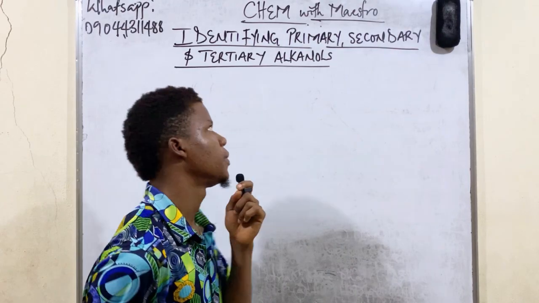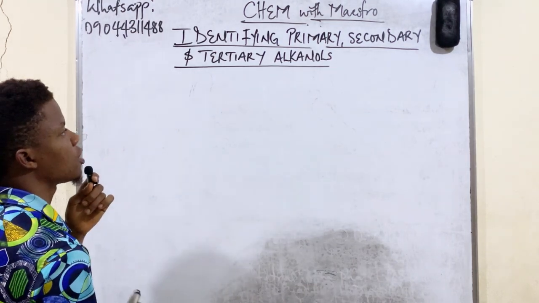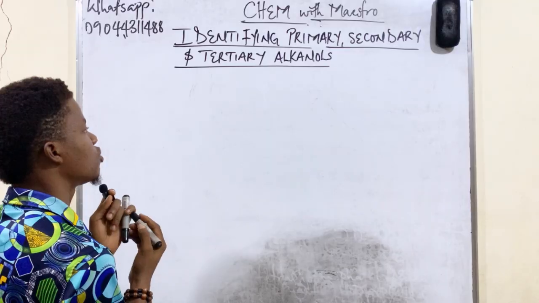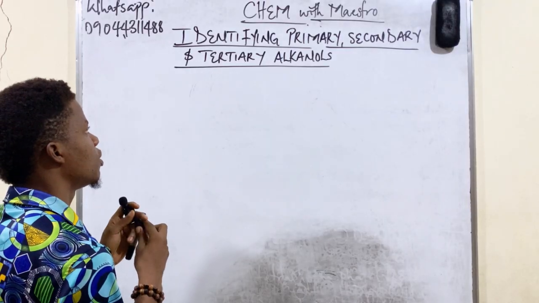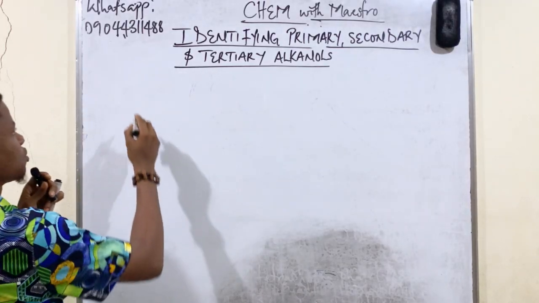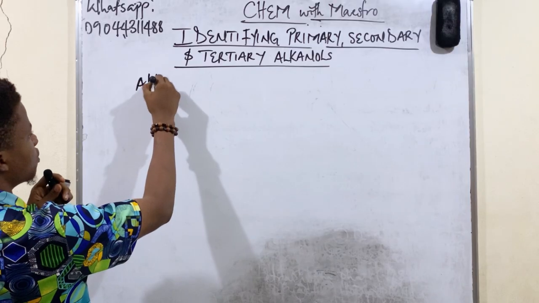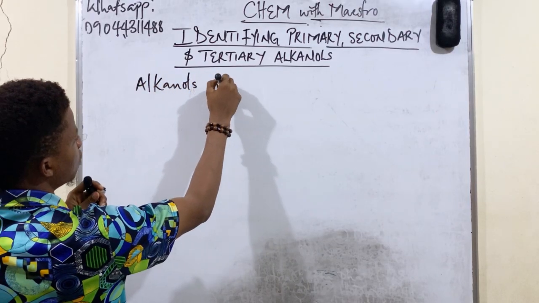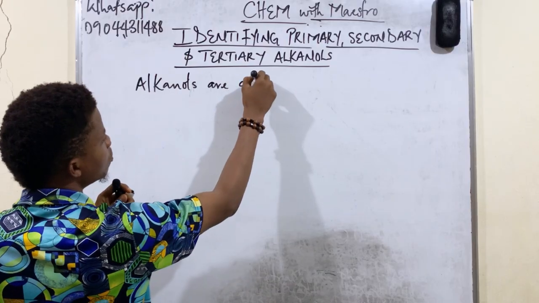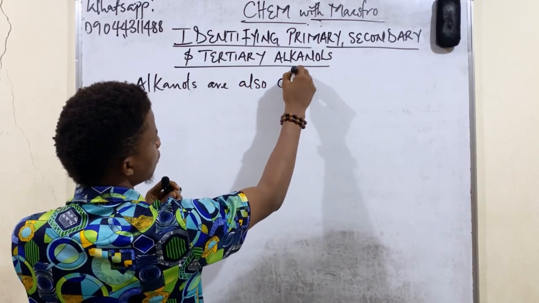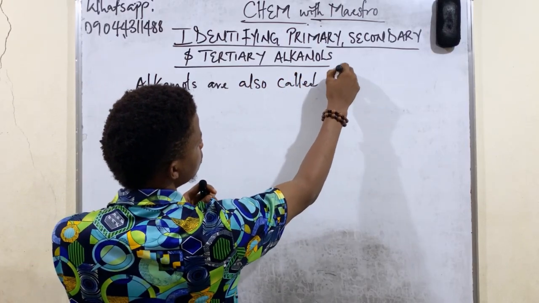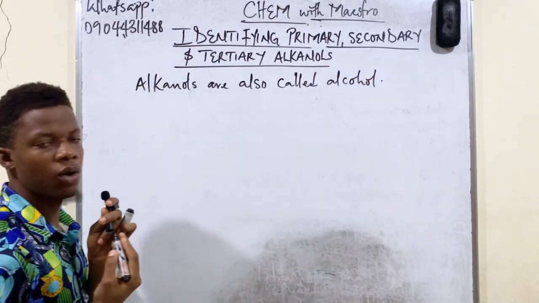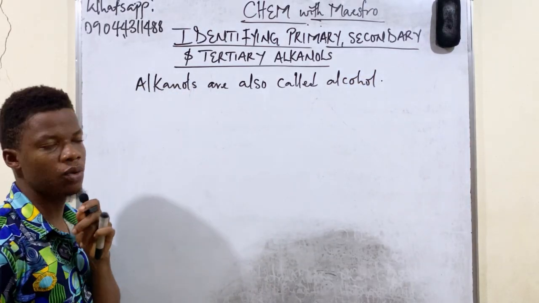So let's begin. Now, identifying primary, secondary and tertiary alkanols. The first thing you will need to know is that alkanols are also called alcohols. Alkanols are also called what? Alcohols.